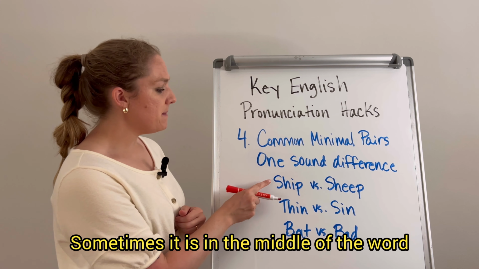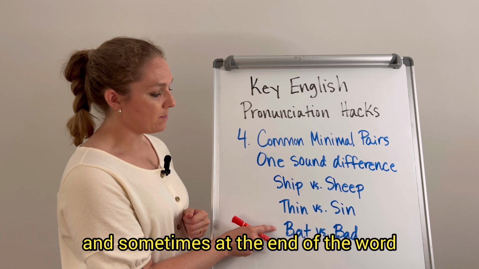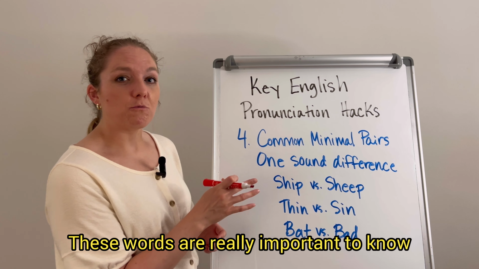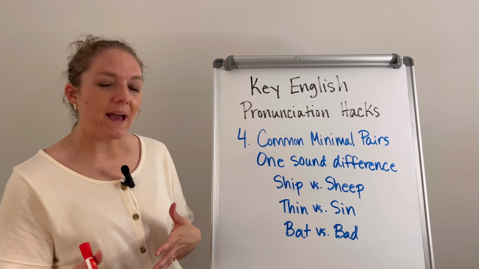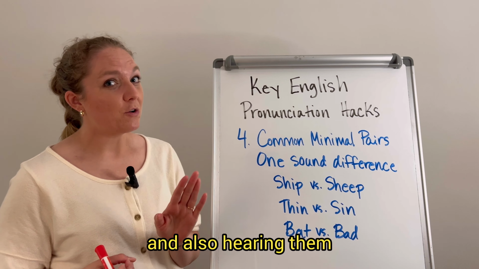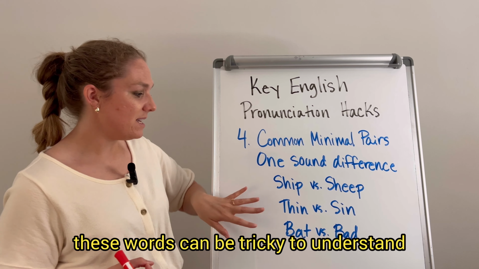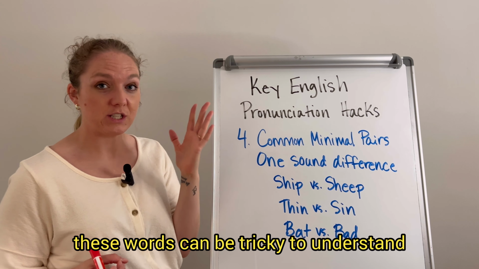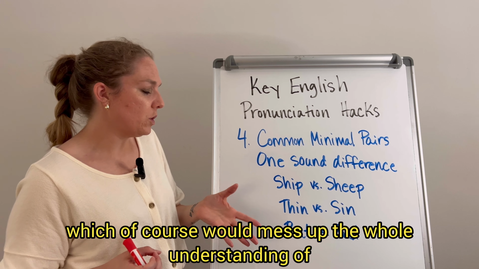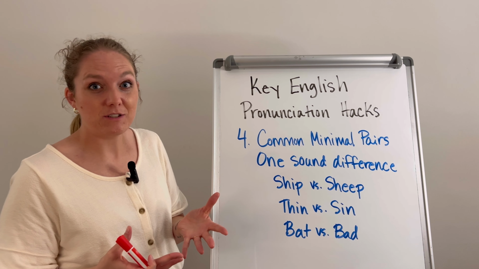Sometimes it is in the middle of the word, sometimes the beginning, and sometimes at the end of the word. These words are really important to know and understand and practice pronouncing and also hearing, because I think in listening especially, these words can be tricky to understand what someone is saying, which of course would mess up the whole understanding of what they're talking about.